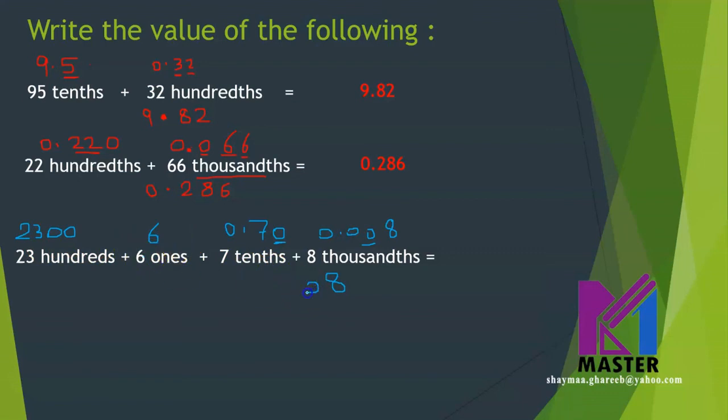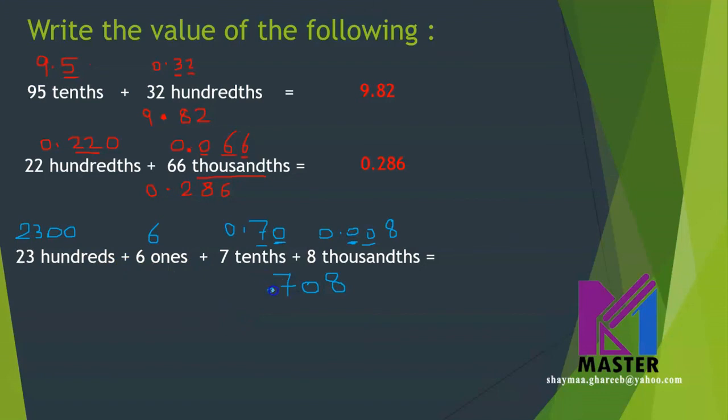So in the hundredths place, there will be 0. What about the tenths place? I have 0 here in the tenths place, and I have 7 in the tenths place, and no more tenths places here. So there will be 7 in the tenths place.